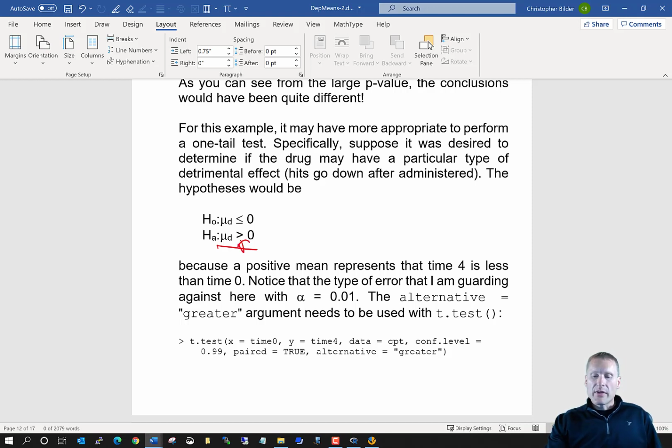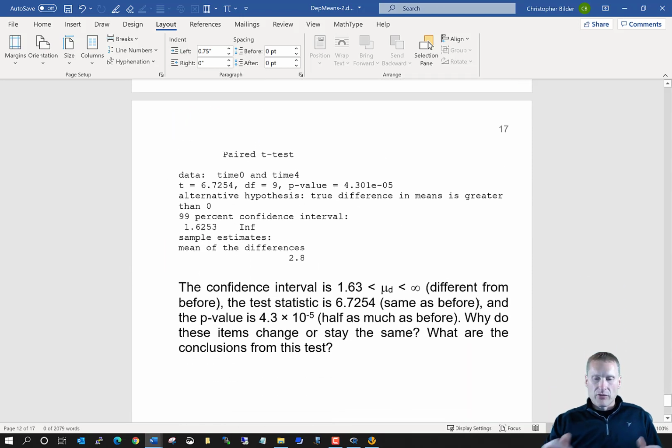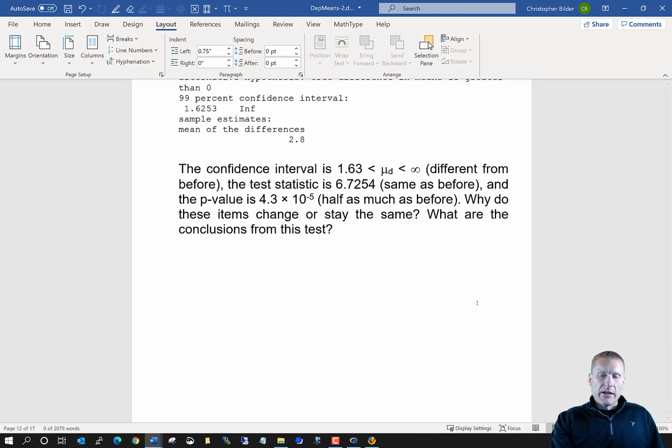To do this kind of hypothesis test, I can use the t.test function again with alternative equal to greater. And as you might expect, we get essentially the same conclusion. You can also see here's the corresponding one-sided confidence interval. Again, think back why I'm finding a lower limit for this particular problem rather than an upper limit.